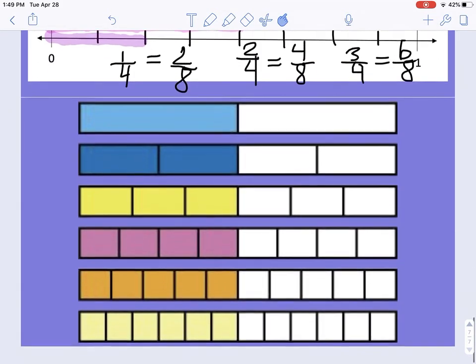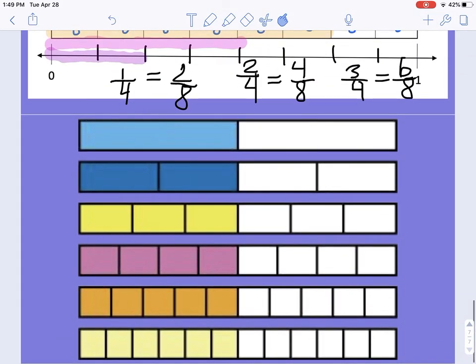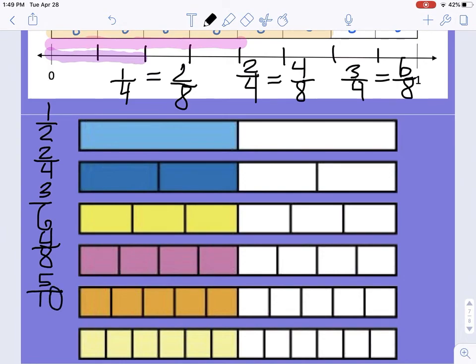And this is just a quick little picture to show you how all of these fractions are equivalent or equal to each other. So 1/2 is equivalent to 2/4. And these two are also equivalent to 3/6, and also equivalent to 4/8, to 5/10, and to 6/12.